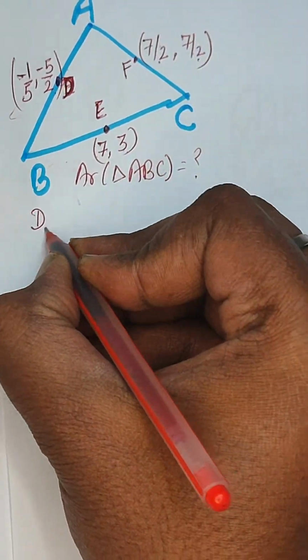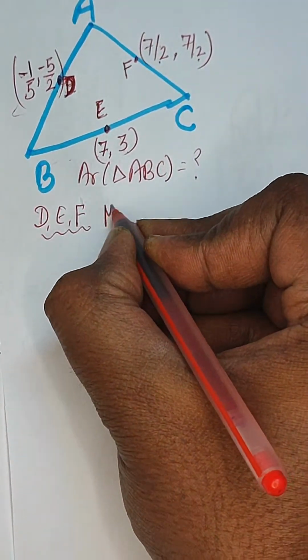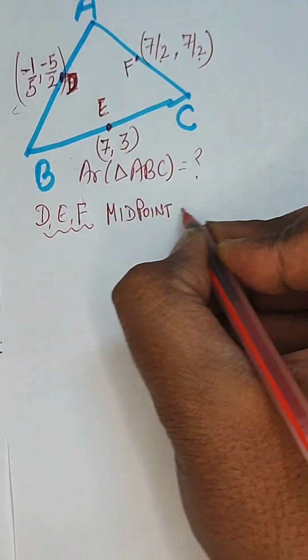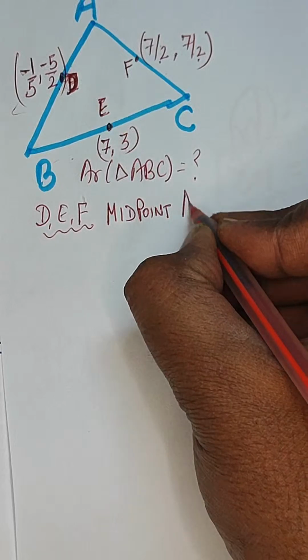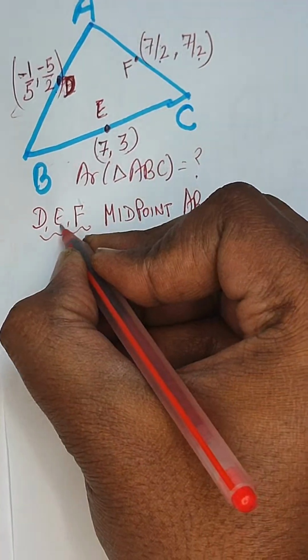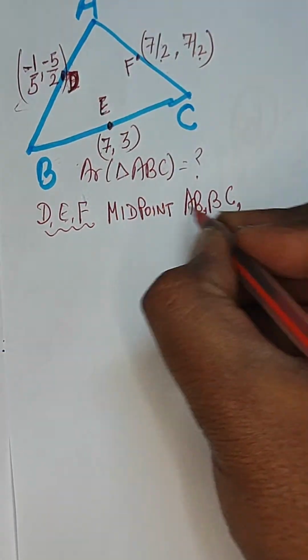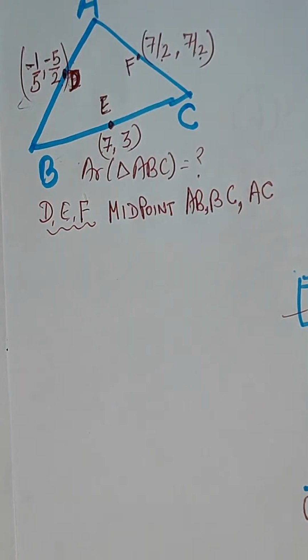And it's given that, let me write, D, E, F are the midpoints. D is the midpoint of AB, E is the midpoint of BC, F is the midpoint of AC, respectively.